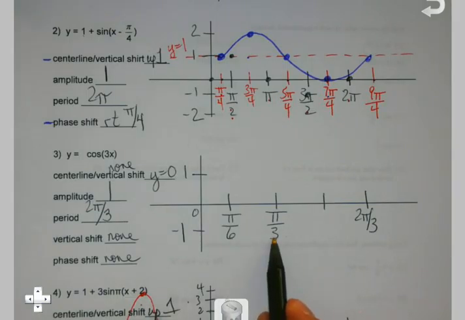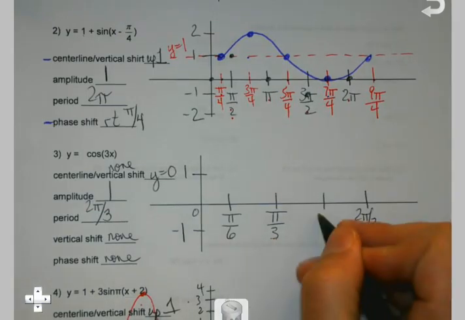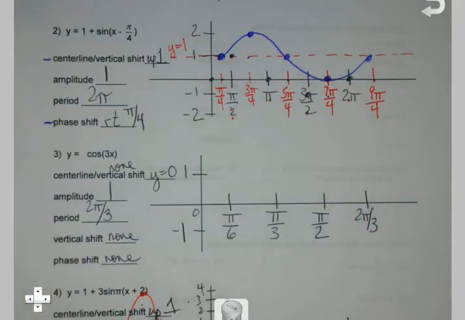2/6 reduced, 3/6, which is a half, and 4/6. And now from here, there's nothing really to worry about, except, am I going to be starting at 0 or 1?